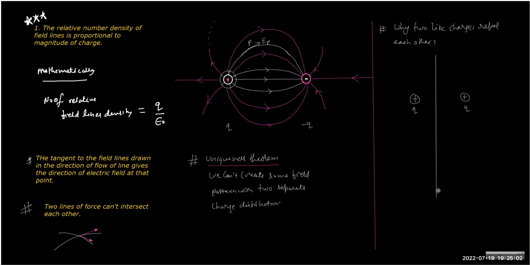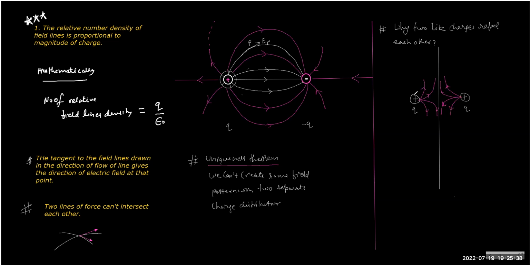Then at the plane which bisects, or divides the two regions, all lines of force from the left side will bend like this. Because they cannot intersect, they have to bend only. Because they cannot go forward, right? Can they go forward?